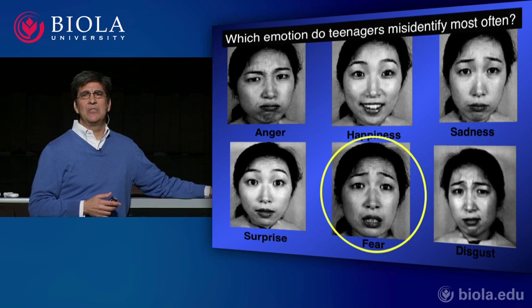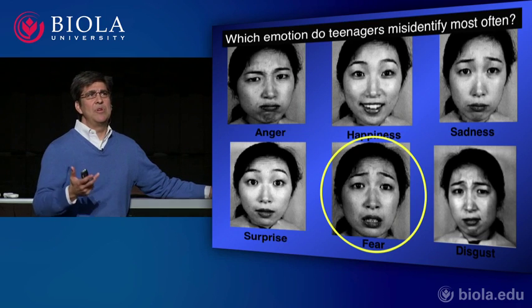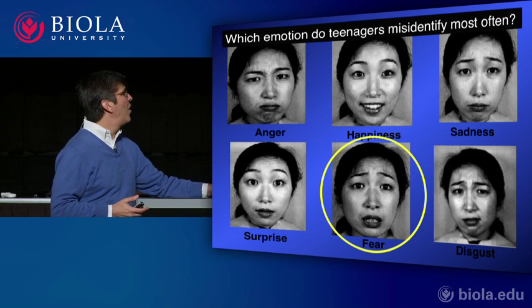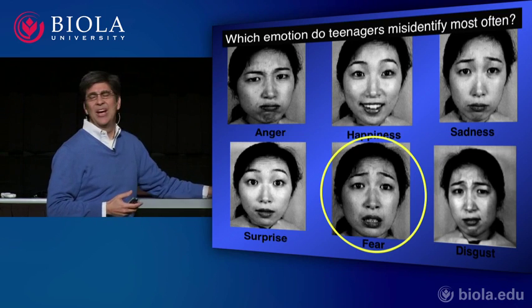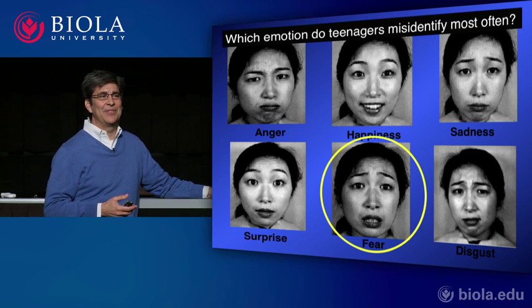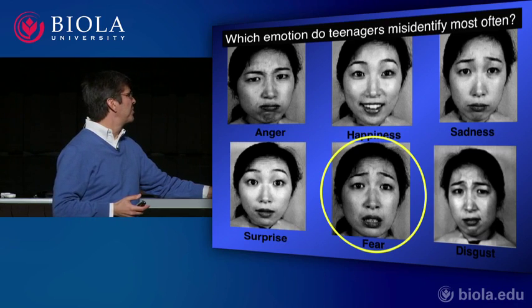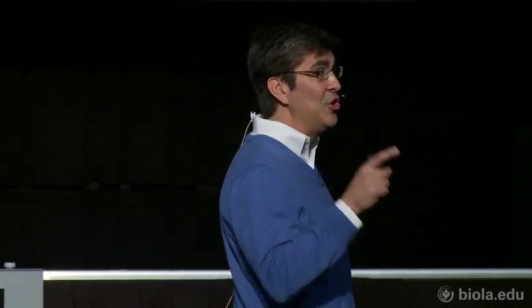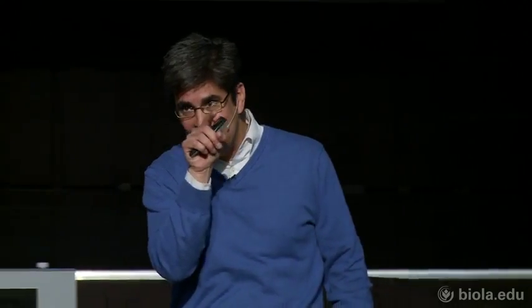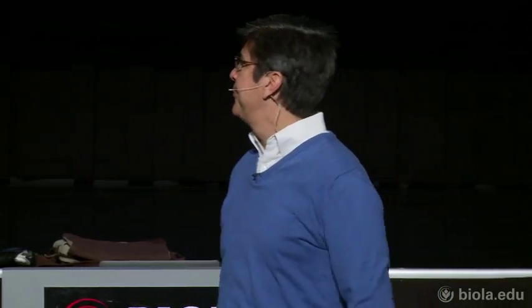We put them in MRIs and whatever, and we show them this, and we just do experiments with them, and they go, oh, they're really angry. That's what they'll say oftentimes. Oh, they seem really surprised. What does that mean if 14 and 15-year-olds misidentify the fear face in people? You think about the consequences of that, and think about it.